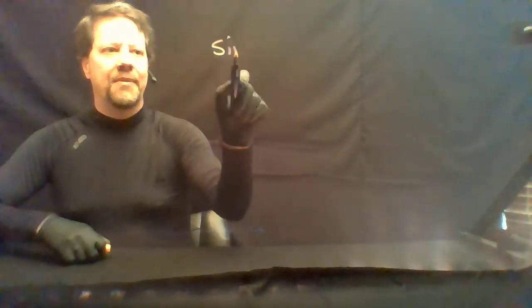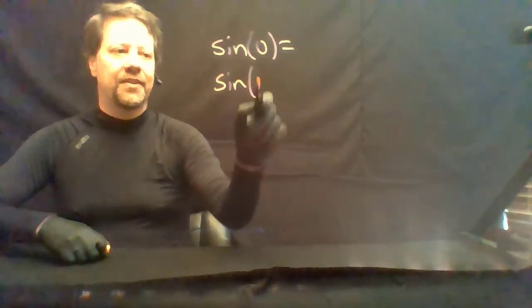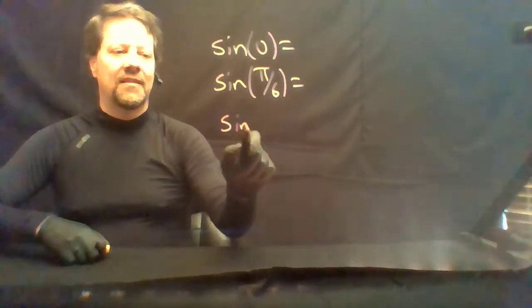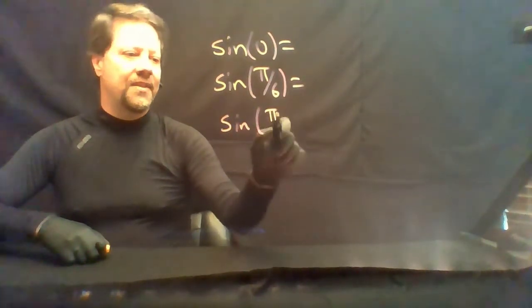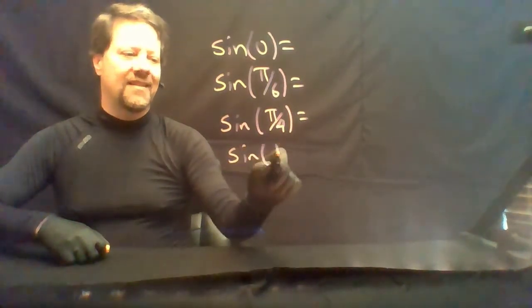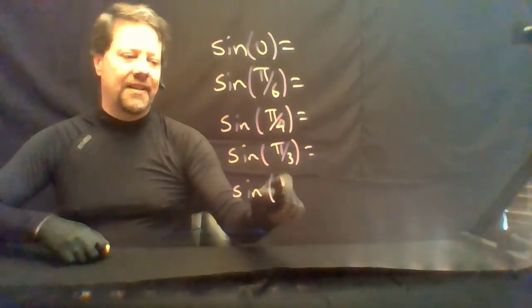I promised you I would show you a way to calculate the values of the trig functions simply. Let's write out the sine of 0, the sine of pi over 6, the sine of pi over 4, the sine of pi over 3, and the sine of pi over 2.